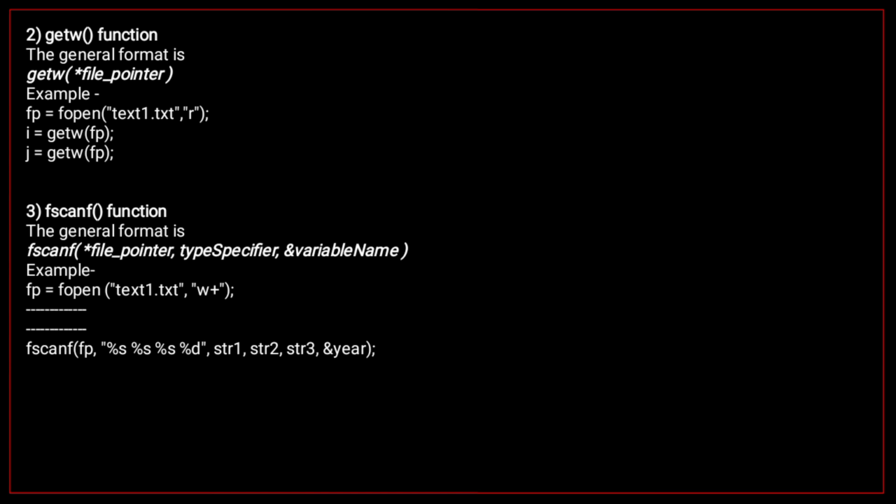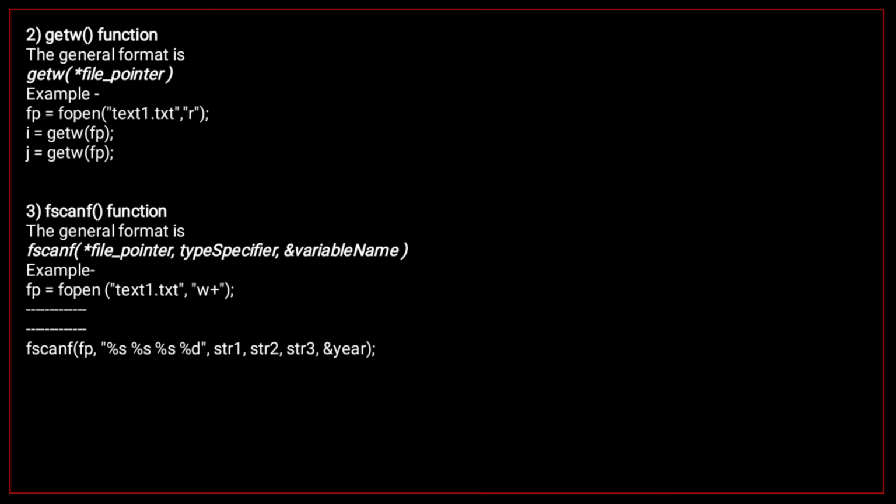Next function is the fscanf function. The general format of this function is fscanf(FILE *fp, type specifier, &variable name). This function is used to read multiple data values from a specified file which is open in reading mode.